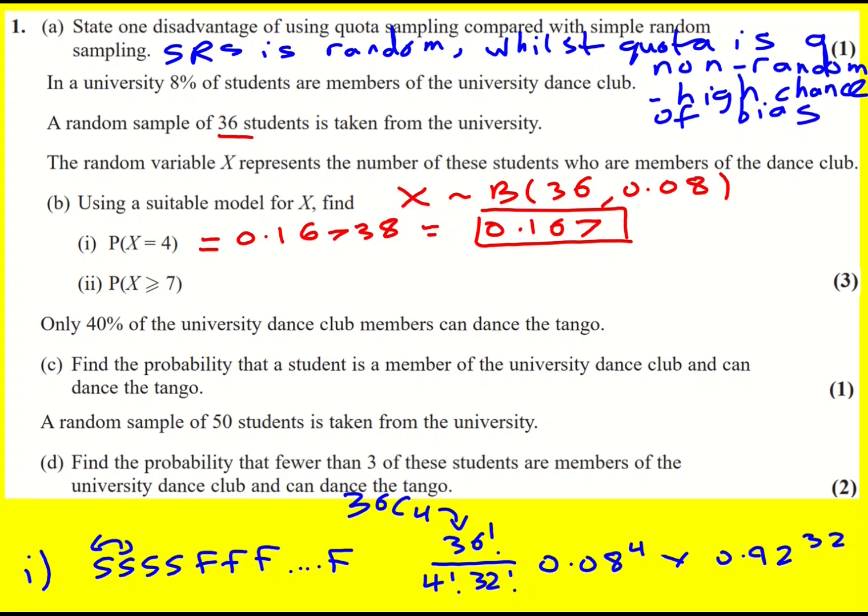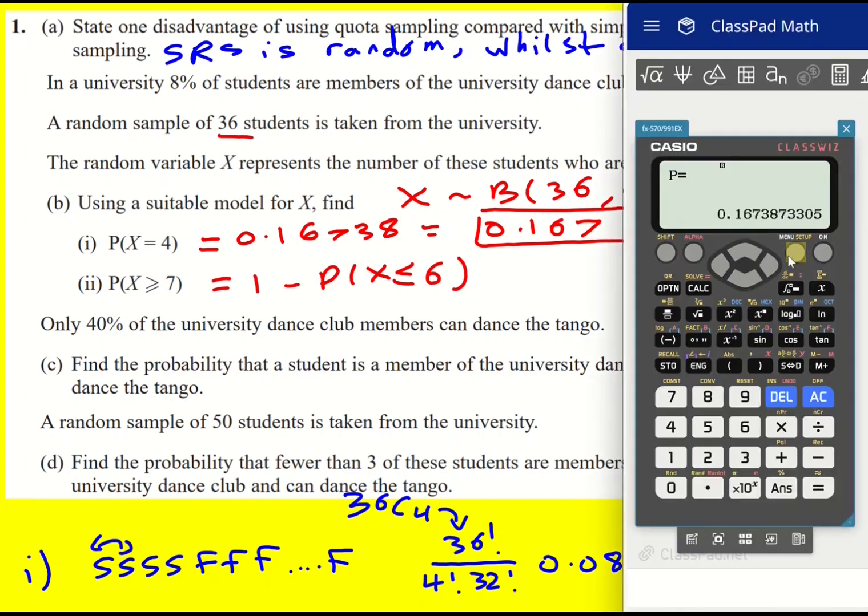Then for a probability that x is greater or equal to 7, I'm going to use the cumulative function of my calculator, which only does less than or equal to. So it's going to be 1 minus the probability that x is less than or equal to 6. Because I want 7 and beyond, so I'm taking the entire certain probability of 1 and I'm minusing 0 to 6. That will leave me with 7 to 36. So we use a slightly different function now.